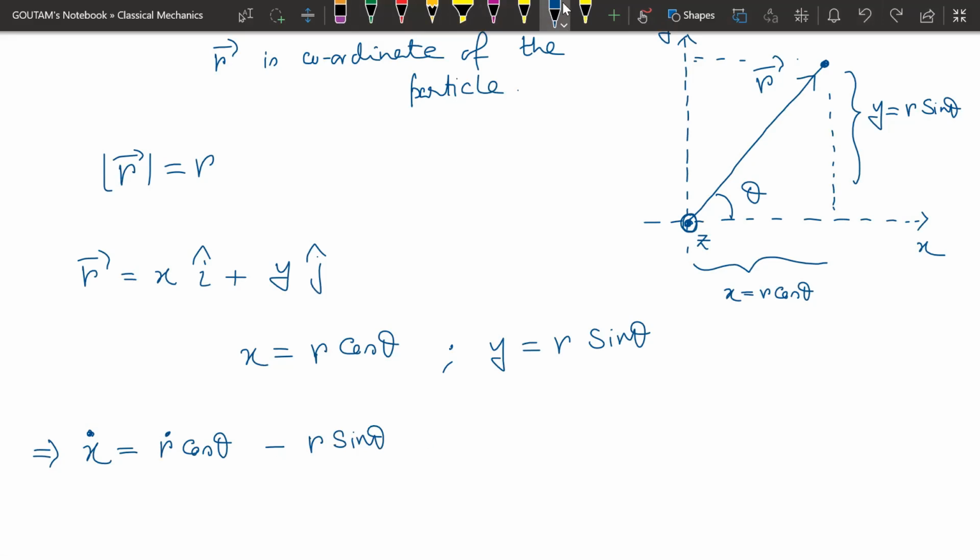So minus sine theta, theta dot. Let's write theta dot before sine theta, otherwise it will create confusion: r theta dot sine theta. Similarly, y dot will be r dot sine theta plus r theta dot cos theta, since the derivative of sine theta is theta dot cos theta.